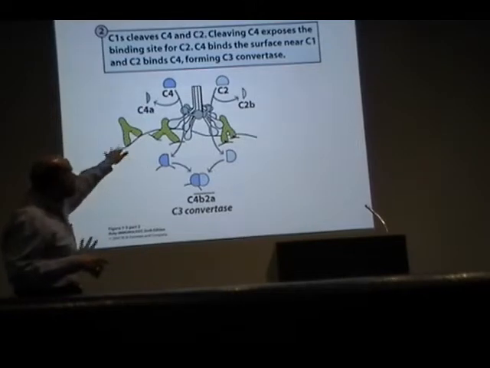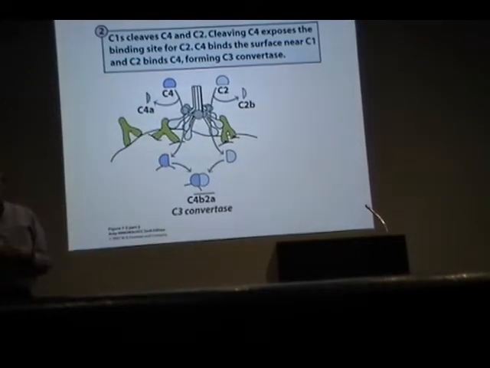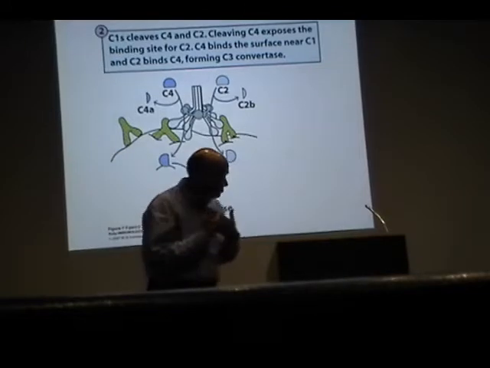Is there a protease around there to cleave C2 to C2A and C2B? R and S. R and S was available to cleave C4 into A and B. R and S is still there. They will cleave C2 into, unfortunately, they screwed up.